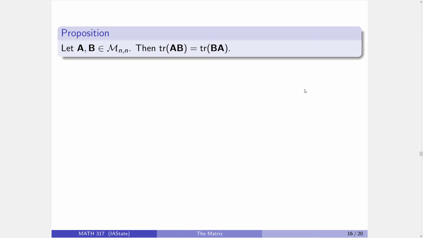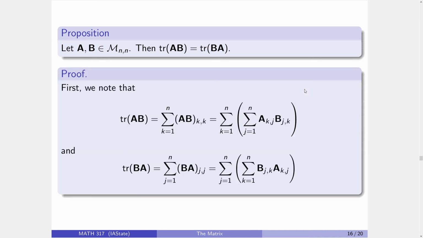All right, let's now look at trace and matrix multiplication. It turns out that even though A times B and B times A may be different, the trace of A times B and the trace of B times A are always the same. Woo. And it's not too difficult to see this, because if you write out what it is, a summation of the KK entry here, you get this. Summation of the JJ entry, you get this.